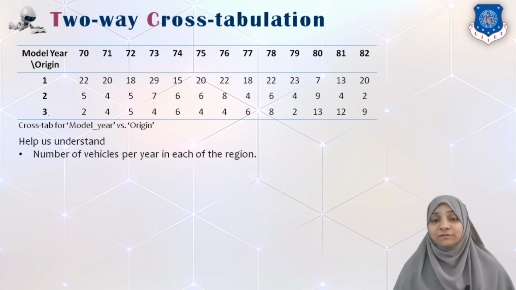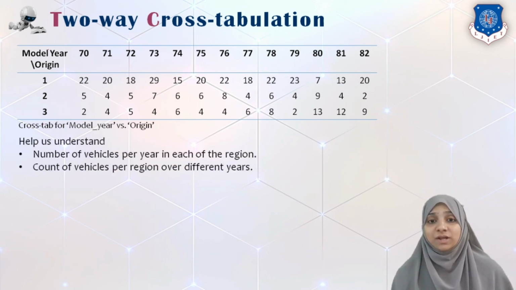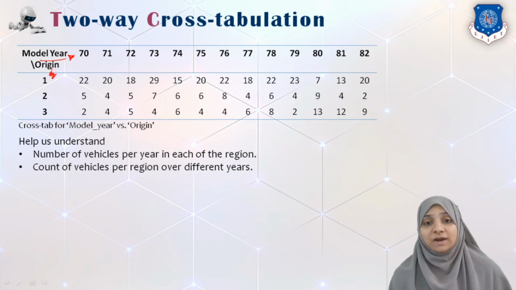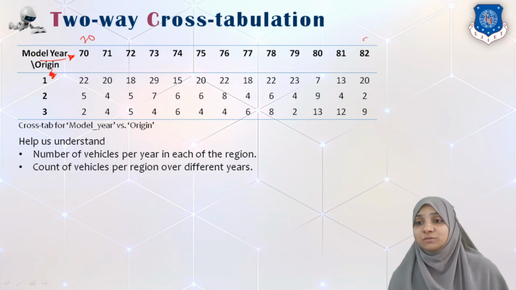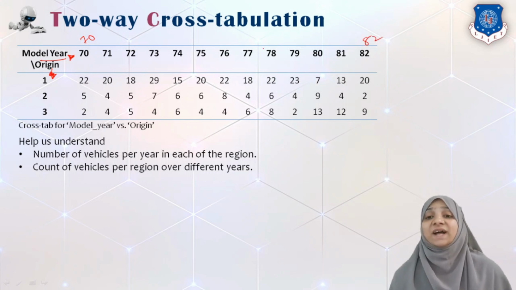So this is one of the cross tabs for model year. Over the columns are model year, and origin is the zone in which the car is manufactured. Model year ranges from 70 and goes up to 82. Since these values are discrete, we are able to prepare this table.